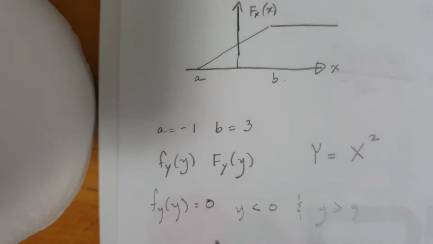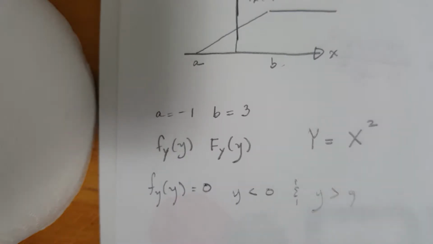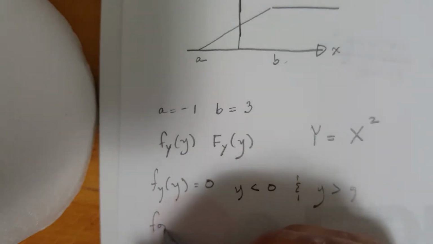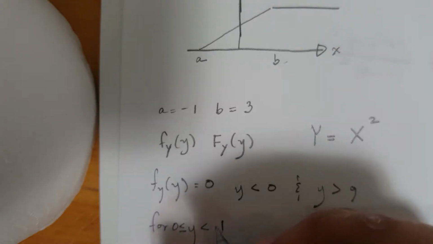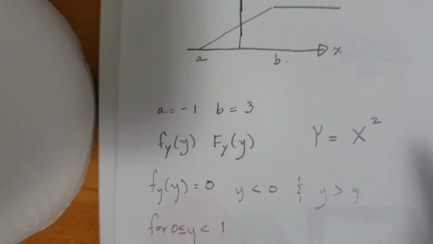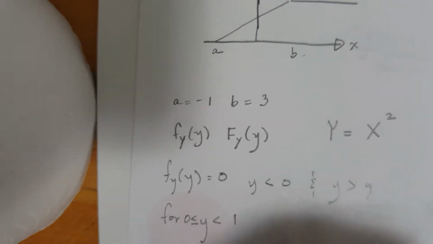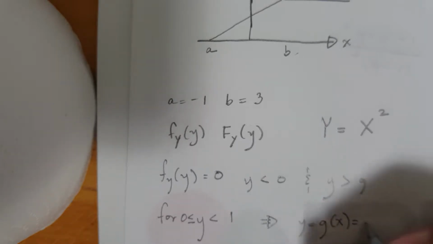Okay, so this is basically just intuitive. So now for y greater than or equal to 0 and less than 1, we have two roots, which are solutions to y equals g of x, which is x squared.